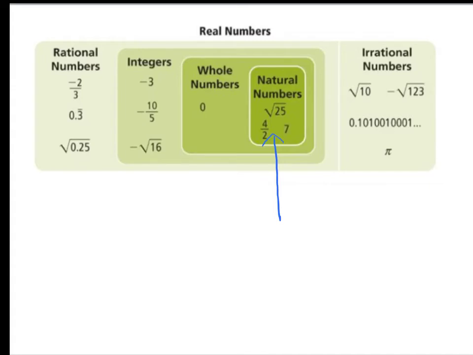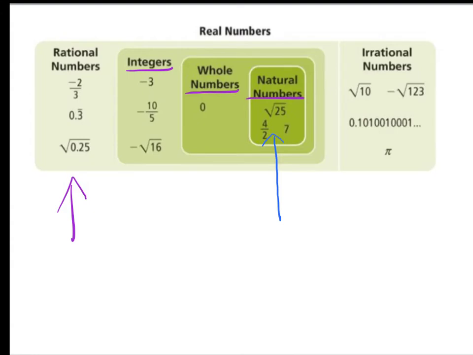That's how it works here. And then all whole numbers are integers, but not all integers are whole numbers, because you have negative integers here, and those can't be whole numbers. And then you move your way out to the set of all rational numbers here. And it's made up of integers, whole numbers, and natural numbers.